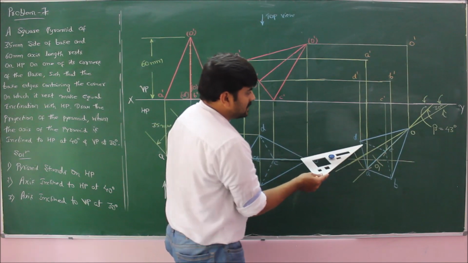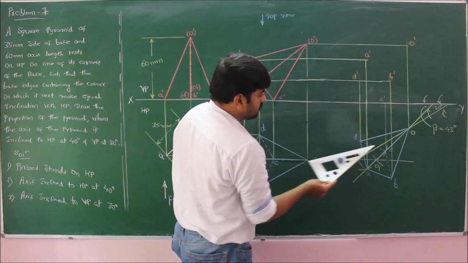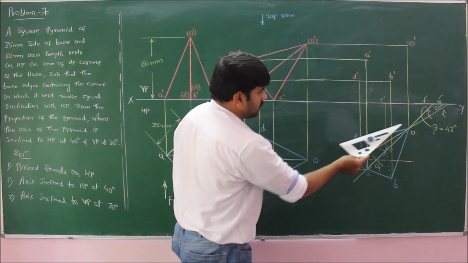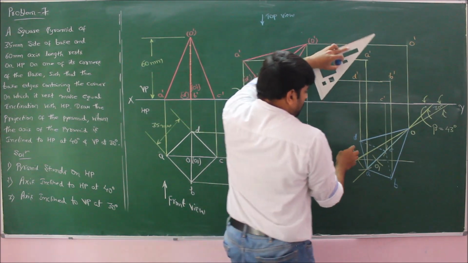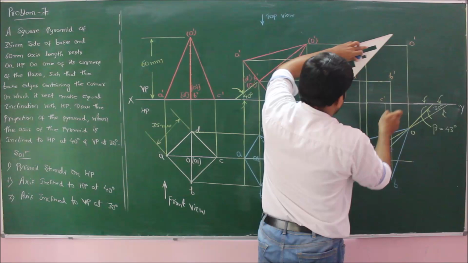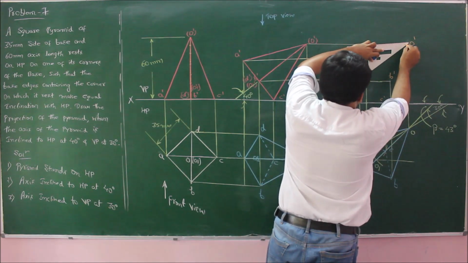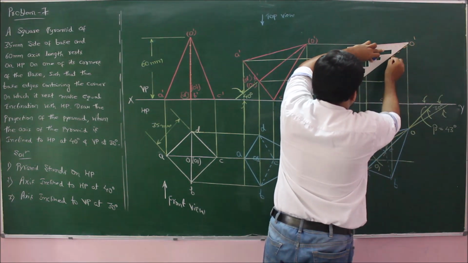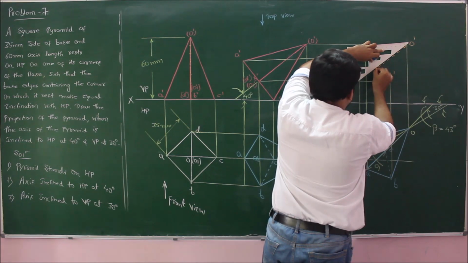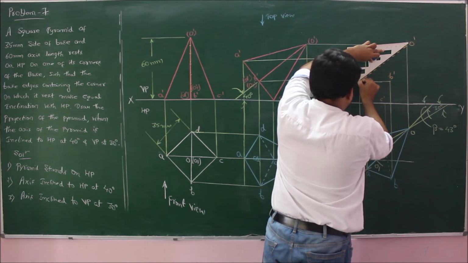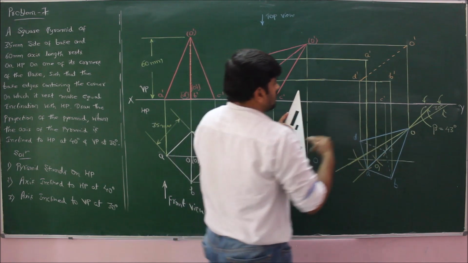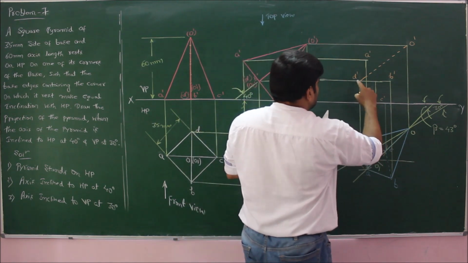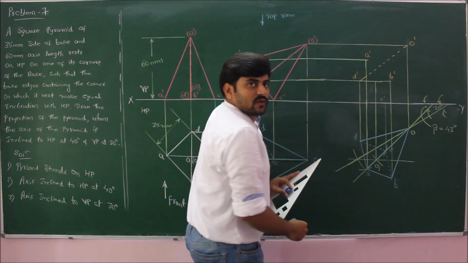The edges emerging from D are D to C, D to A and D to O. If I mark them, I'll get D to O, since D to A and D to C are coming on the boundary of the pyramid, it is always visible.